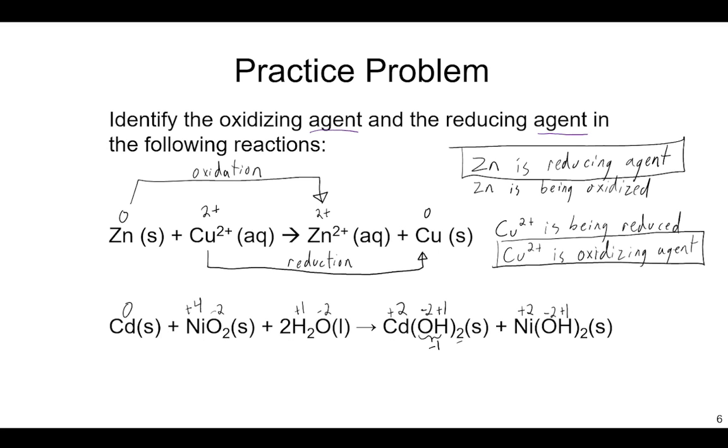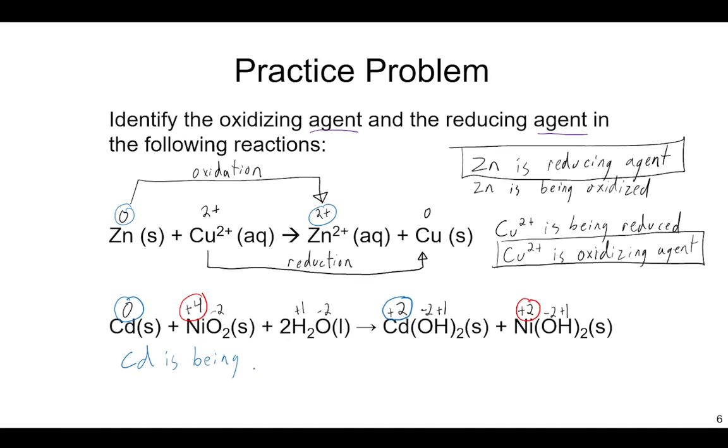Okay, so now that we have all the oxidation numbers written, we can come over here and identify that certain charges are changing. Cadmium is being oxidized, just like zinc up here.